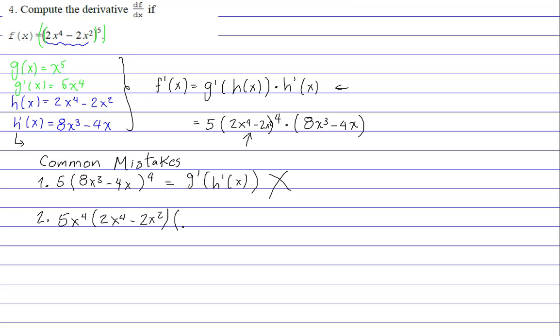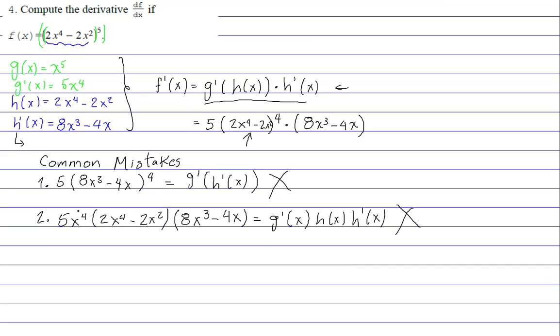And then, of course, the h prime comes around, which would be 8x cubed minus 4x. What would this be? This would be g prime evaluated at x, and then times h of x times h prime of x. These two are not the same as what we have here. So this is another typical mistake.